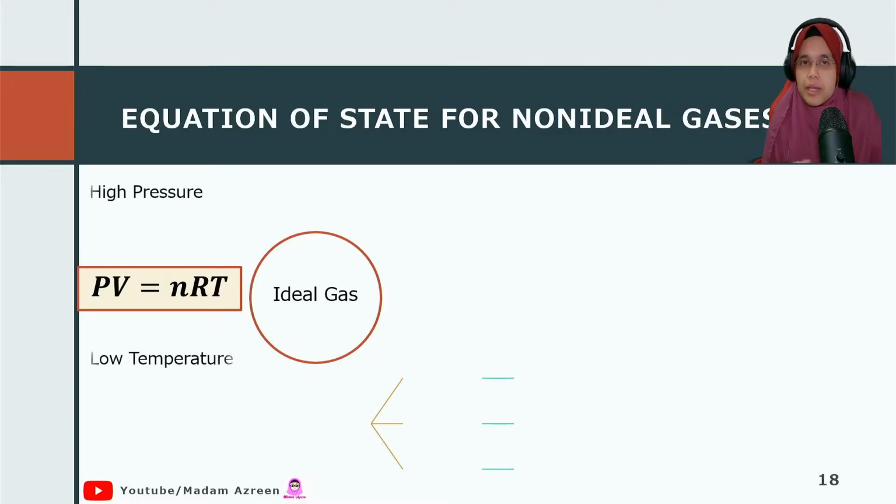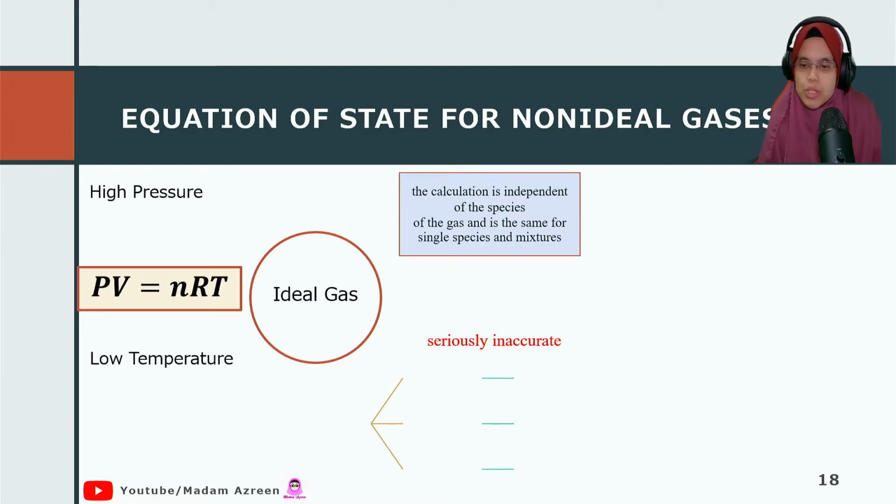For example, at high pressure or even at low temperature, this equation is no longer valid, and it causes serious inaccuracy, because the calculation using this equation is independent of the species, and it is the same whether it is a single species or a mixture. The base is still PV equals nRT.